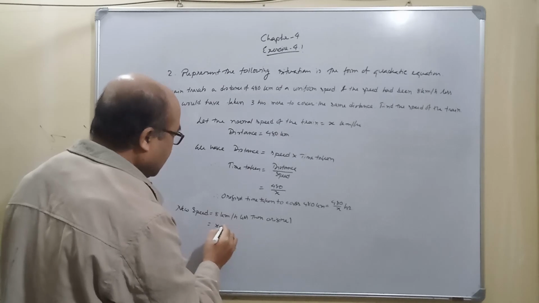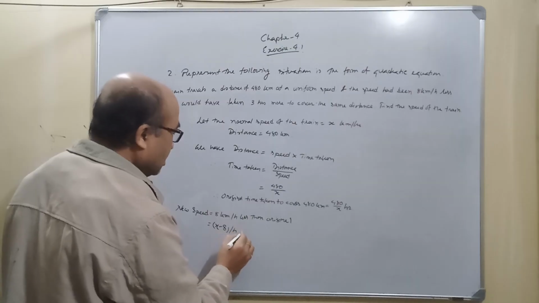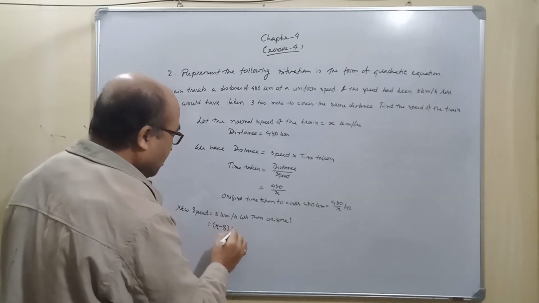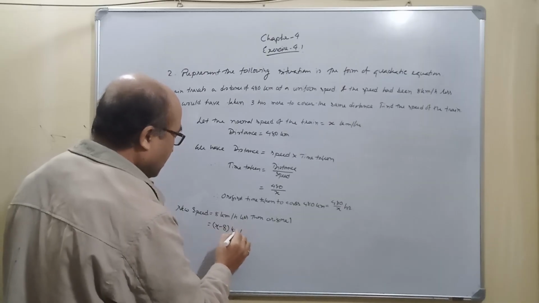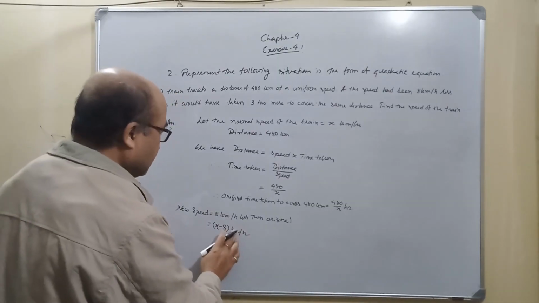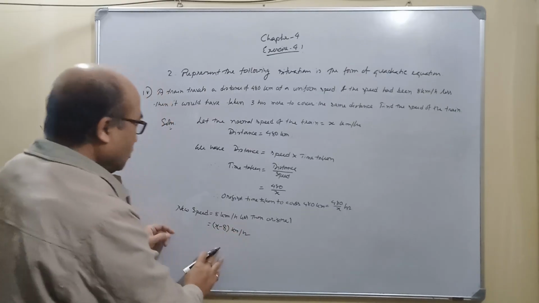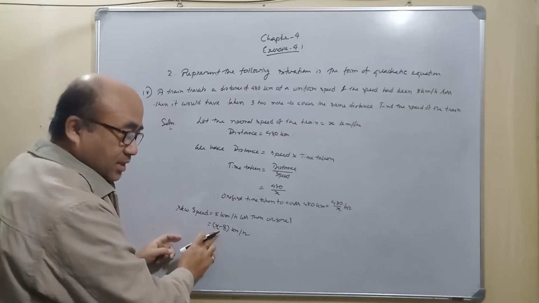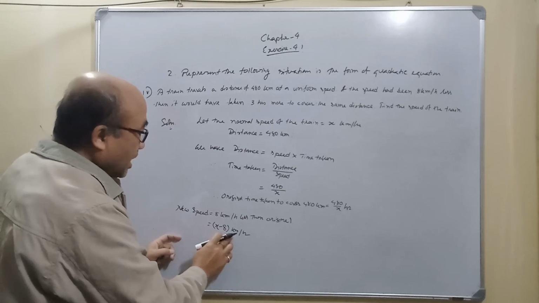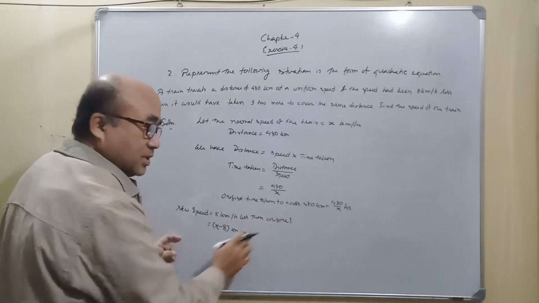So the new speed is x minus 8 kilometer per hour. Right? So if the original speed is x, the new speed is x minus 8 km per hour, because it is 8 km less than the original.